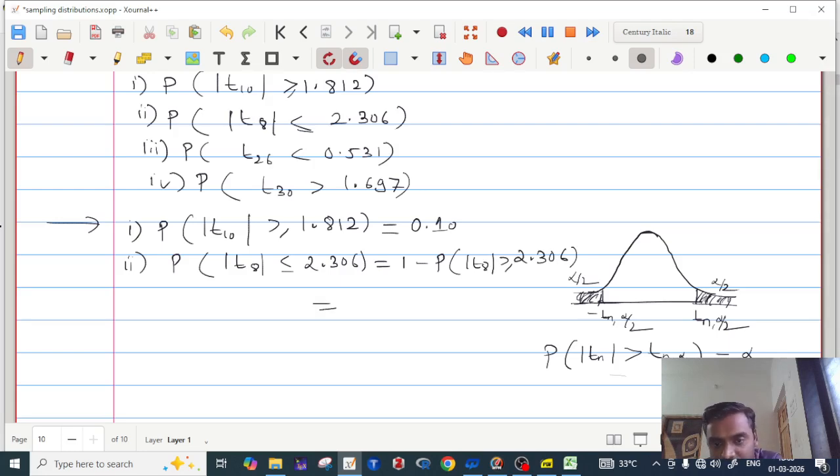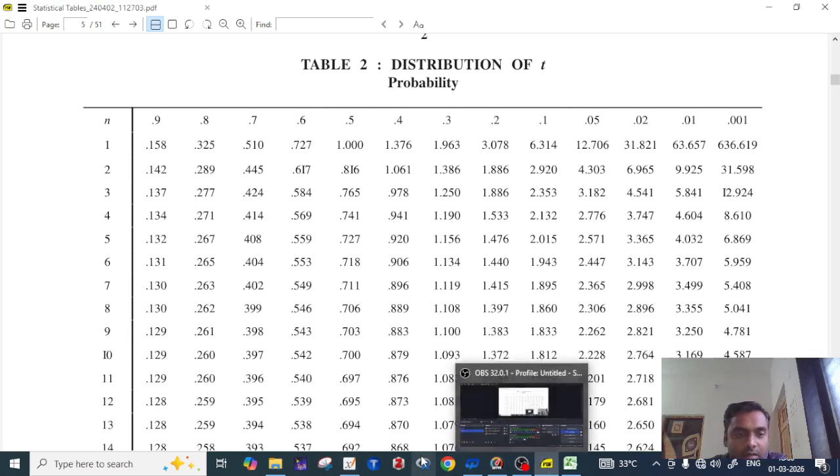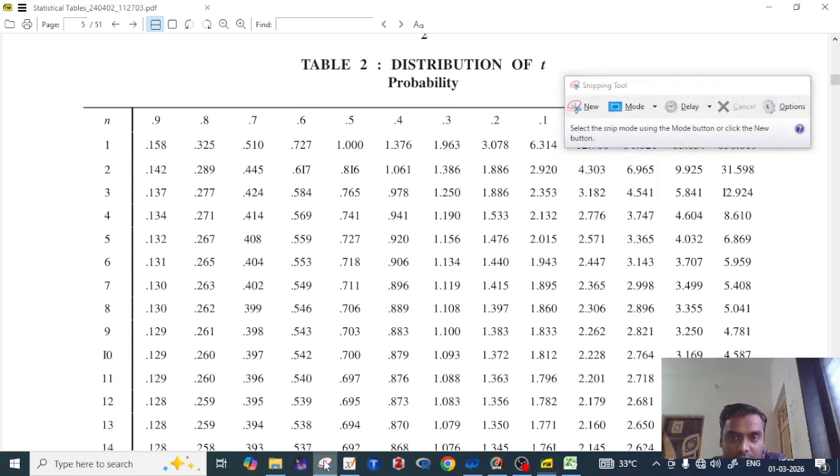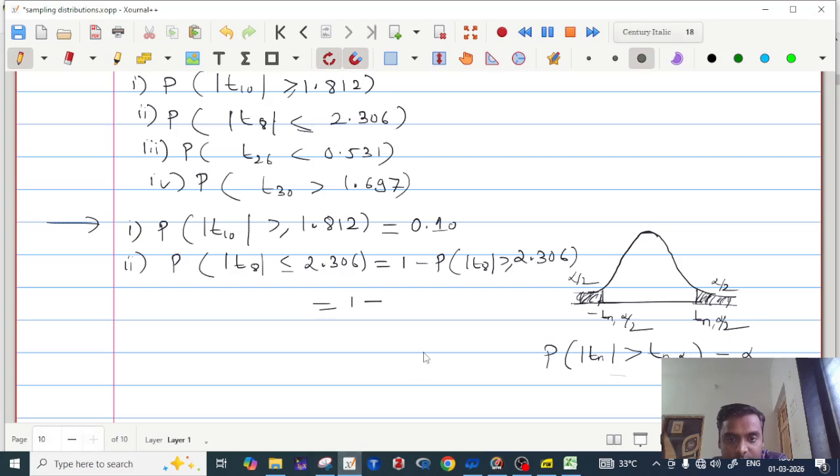Now you can see this probability from the statistical table. 1 minus T8 and 2.306. T8 and 2.306 is here, 0.05.